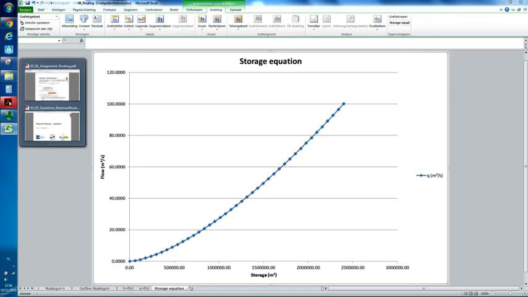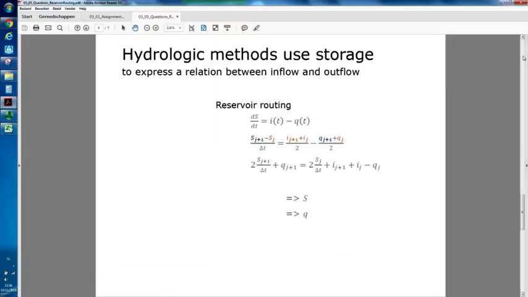Now, if we look back also to our equation over here, we actually see that we don't have S and Q separately. So if we calculate, we will have these values. These are known. This is unknown. So we will get a value out of this equation, which is the sum of those two. And out of that one, we will need to extract the Q and the S value.